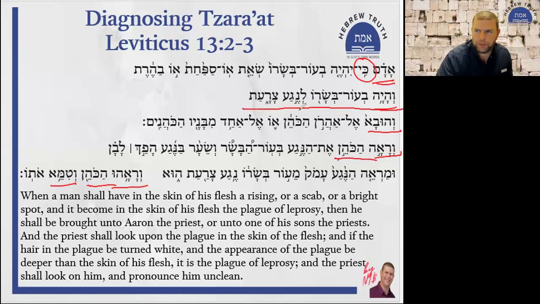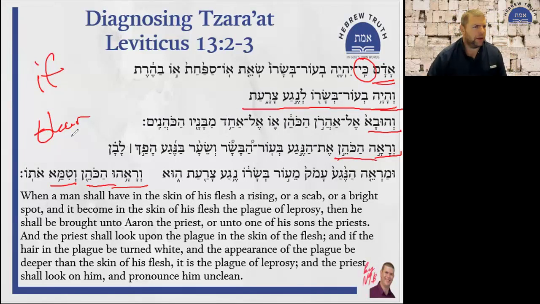I would say possibly this is the protasis, the if clause, and then we have the then clause. If, then: protasis, apodosis. That would be the procedure that he has to go through in a certain circumstance. So if this, then this.